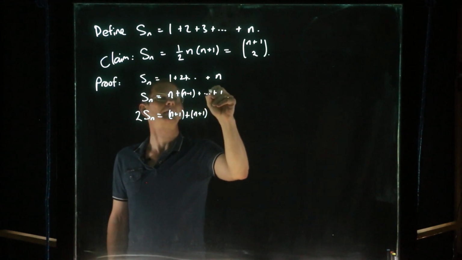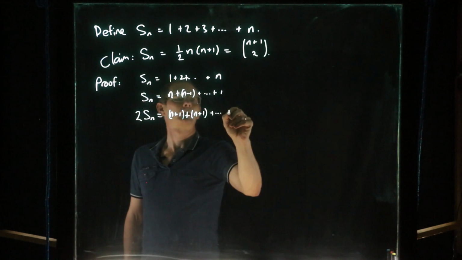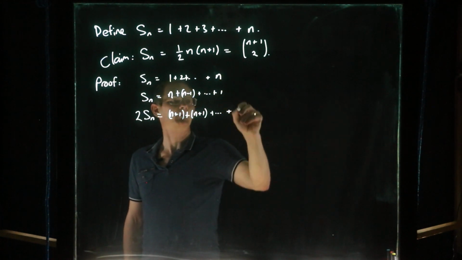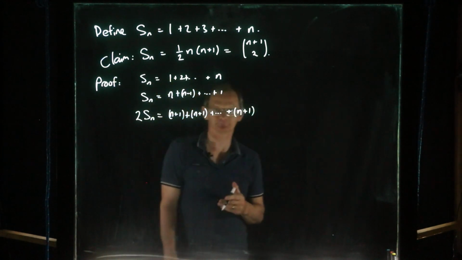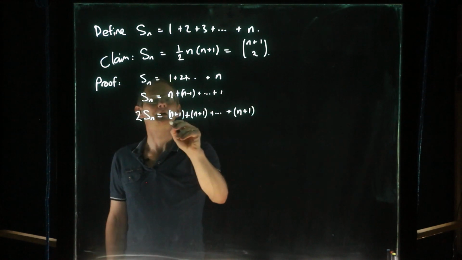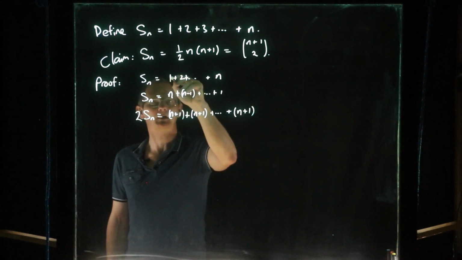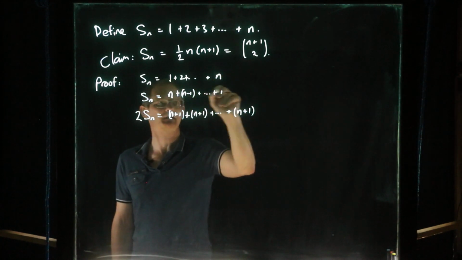And so on and so on, and then coming towards the end, the last term, you've got the n there and the 1 there, so you get n plus 1 again. So every term here is just equal to n plus 1. And how many terms have we got? The first sum has n terms, the second sum has n terms.